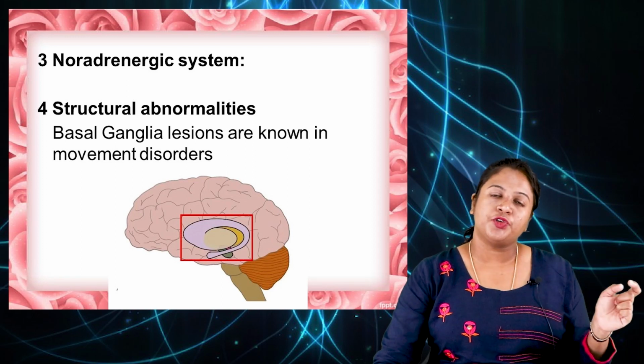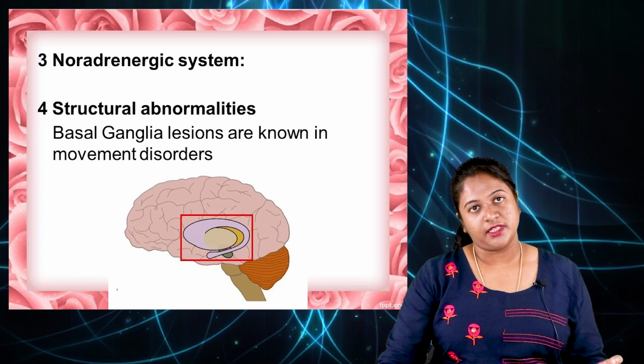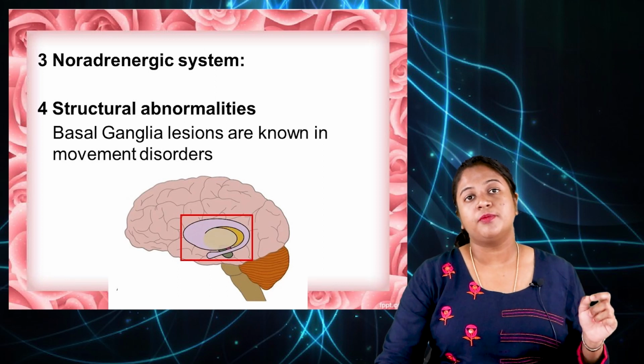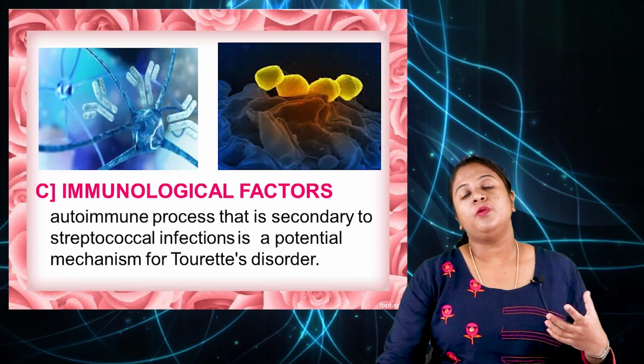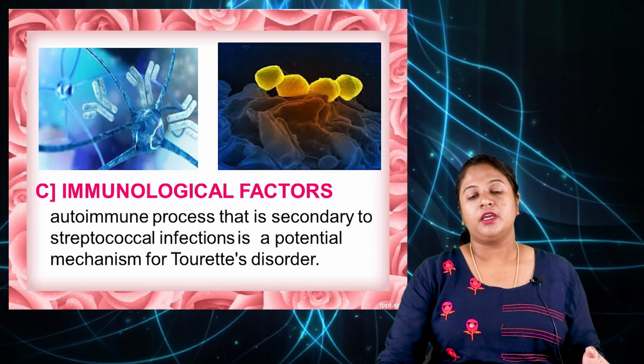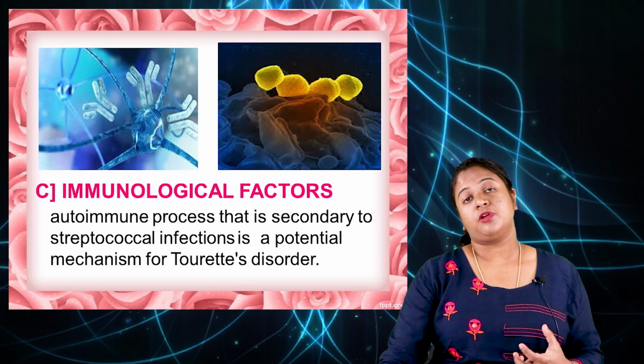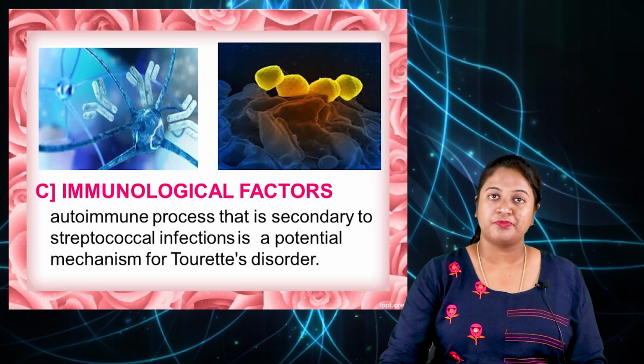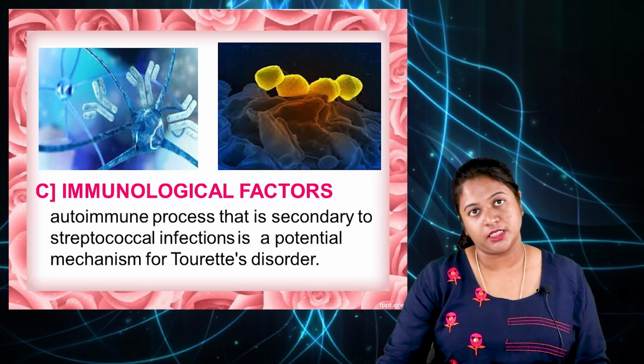So that is about the neurochemical and neurostructural theory. The third one is the immunological factor. People who have streptococcal infection, so autoimmunity secondary to the streptococcus infection, can also predispose the child to develop the Tourette's disorder.